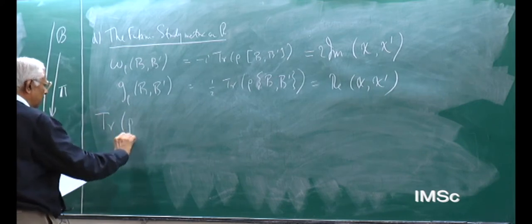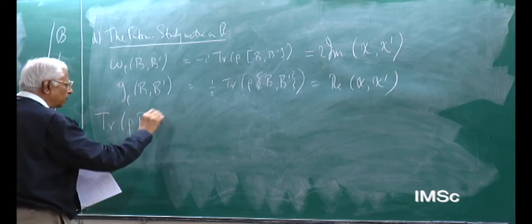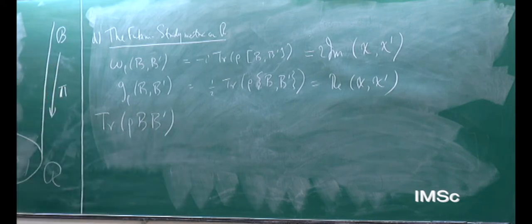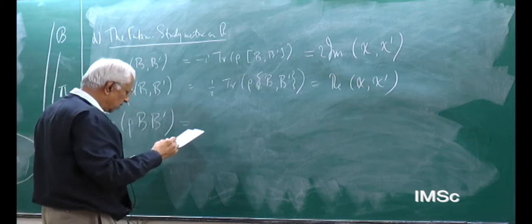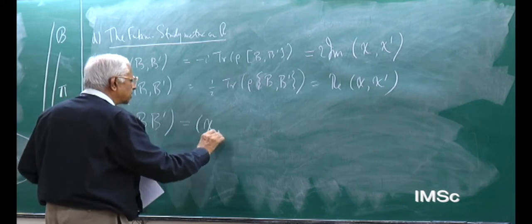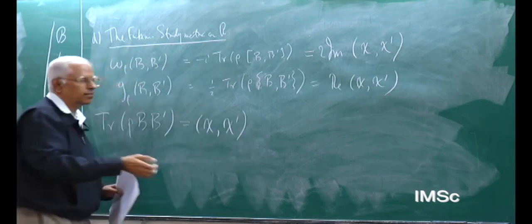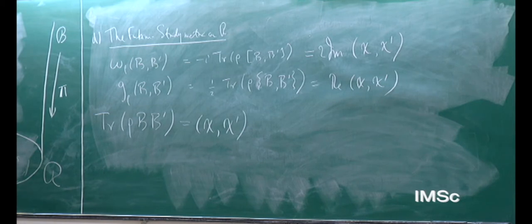Take any point of ray space, take any two tangent vectors to ray space at that point and compute this trace. In terms of the description of B and B prime via vectors chi in the way I have described, this is just the inner product in Hilbert space of chi with chi prime.